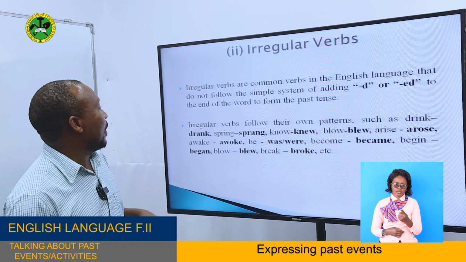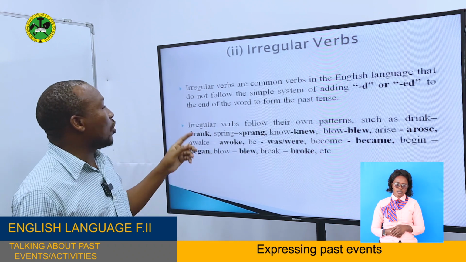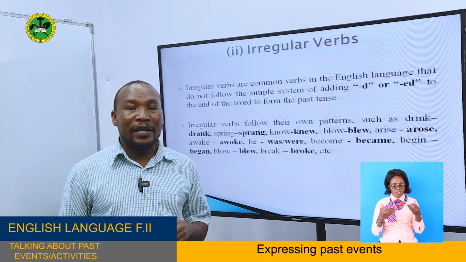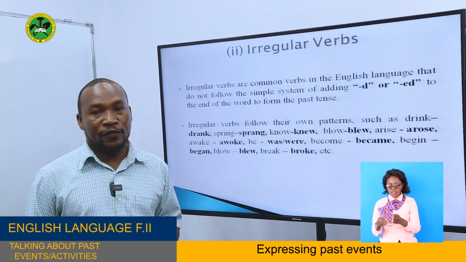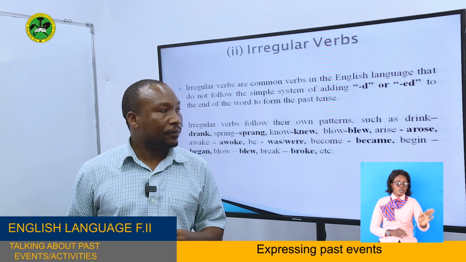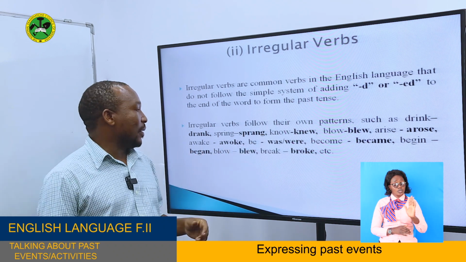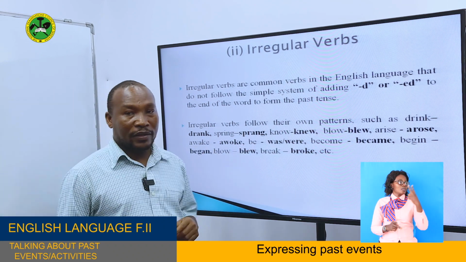As I've said, irregular verbs are common verbs in the English language that do not follow the simple system of adding ed or d to the verb. They always take their own form. They have their own pattern, as we see here on the screen.